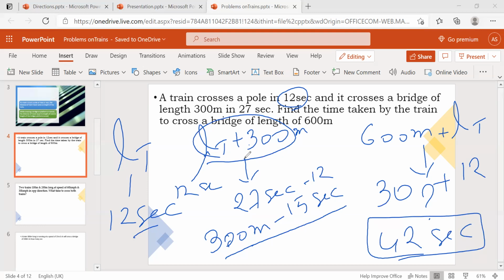Is it clear? So here we are not going to use any formula. I'm not using any formula. Based on the concept only, we find this out. So once again, I'll explain clearly. Just listen carefully. Here, what's the length of the train? To cross the length of the train, it will take 12 seconds.